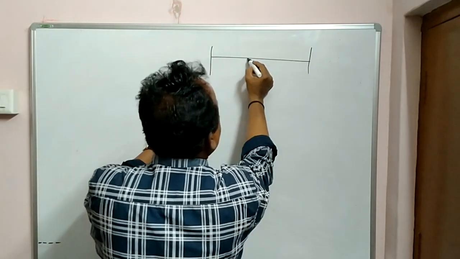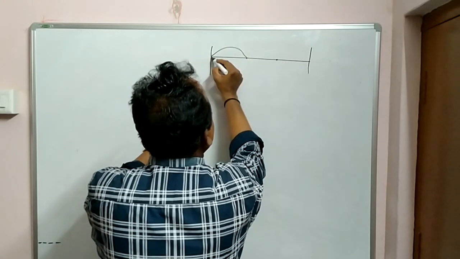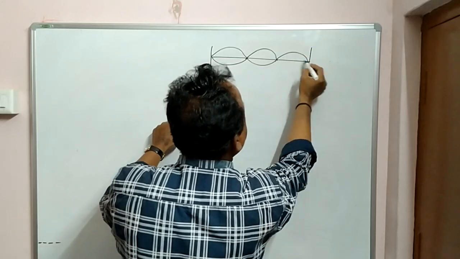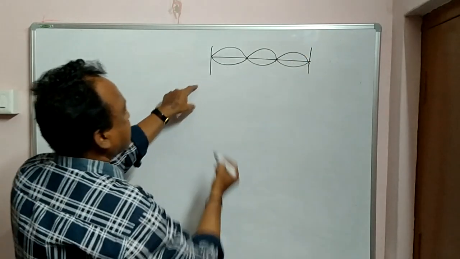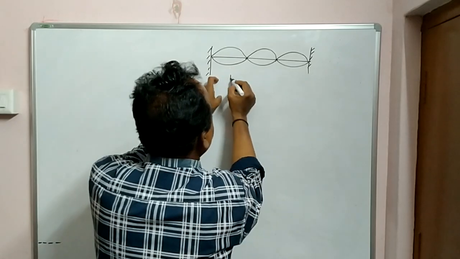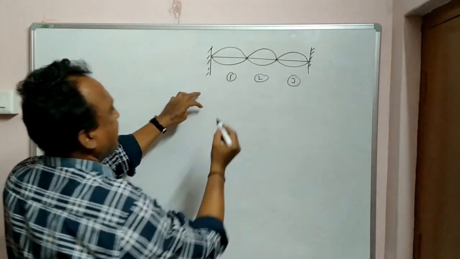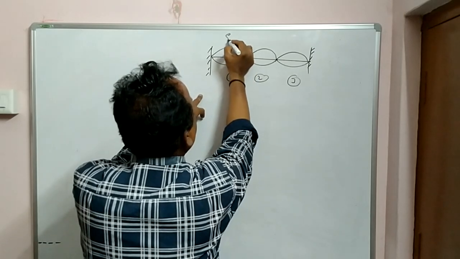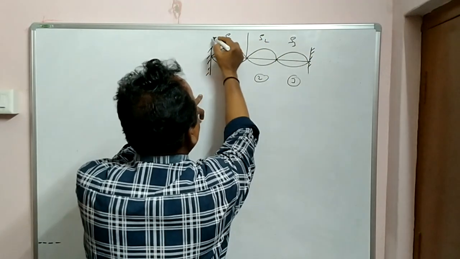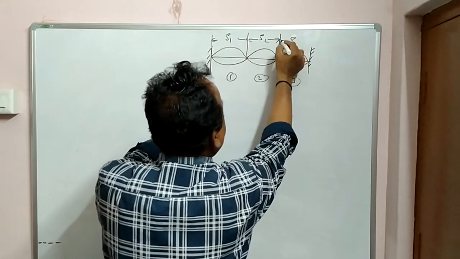A string is divided into 3 segments, 1, 2 and 3, and is given distances, say S1, S2, S3. That means lengths. He is given the lengths as S1, S2, S3.